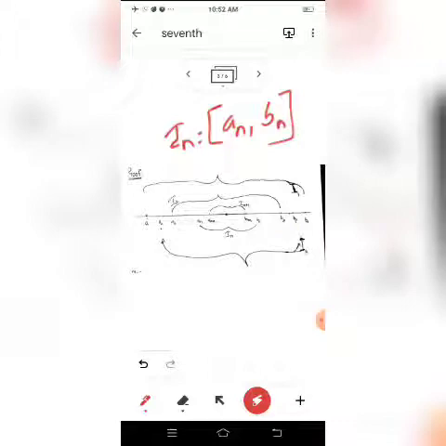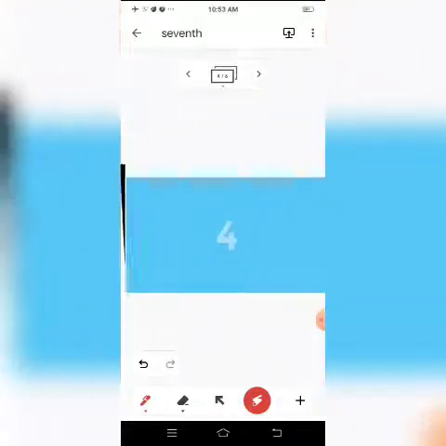When n is equal to 3, we get the interval a3, b3, and that will go on. We observe that In, that is an, bn, contains In plus 1. So this is the figure. Now moving to the proof.